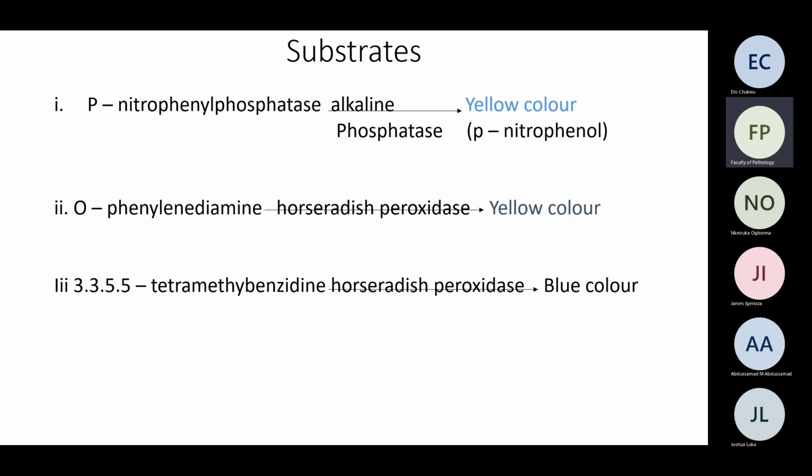For the substrate 3,3',5,5'-tetramethylbenzidine, the enzyme is also horseradish peroxidase. It changes this TMB to a blue color.